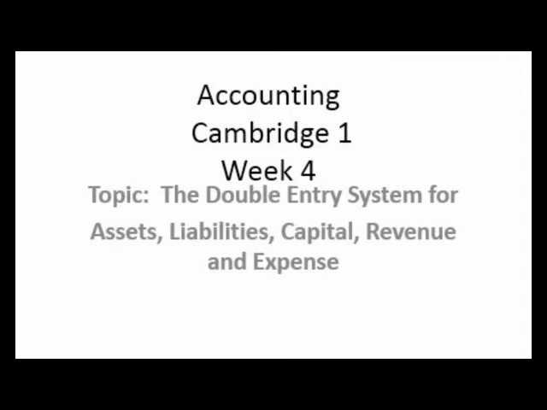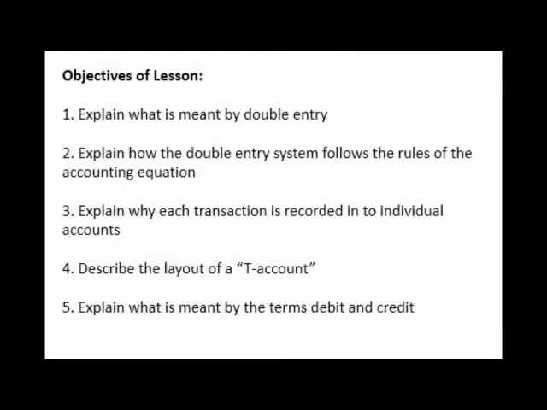The topic which we will discuss today is the double entry system for assets, liabilities, capital, revenue and expense. The objectives of today's lesson are: Number 1, explain what is meant by double entry.